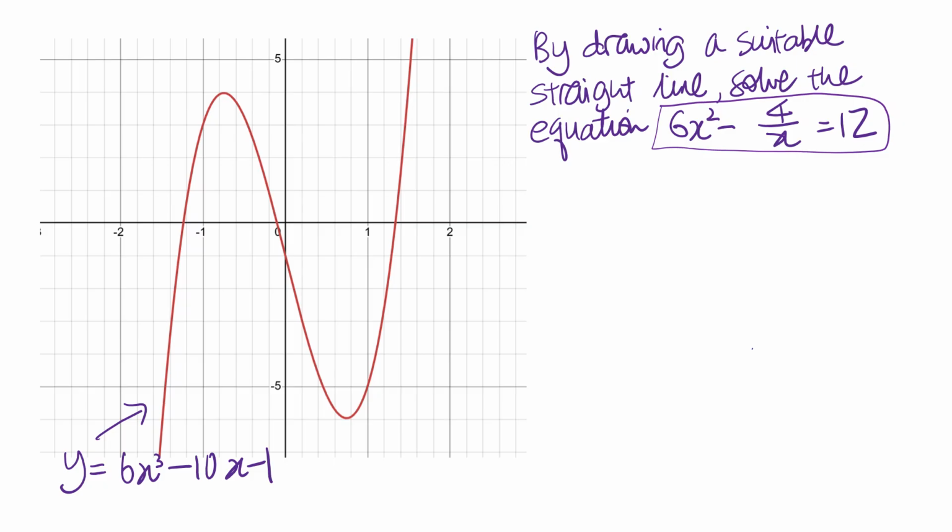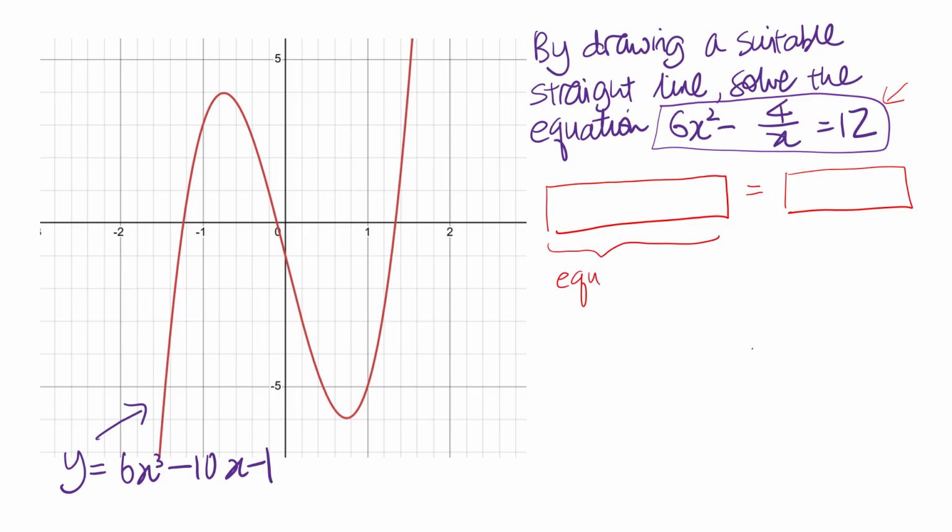From the earlier slides, I understand that I would have to do something to this equation, make it such that something is equal to something. And what is on the left-hand side would be my equation of the curve, which is y equals 6x cubed minus 10x minus 1.